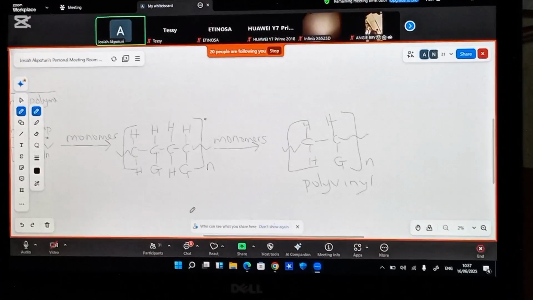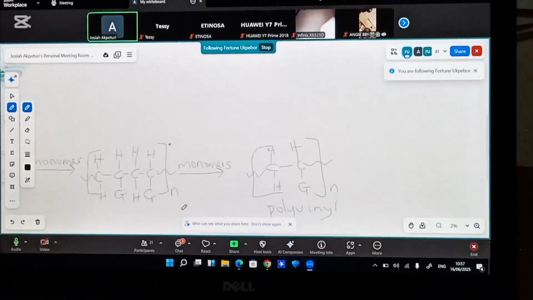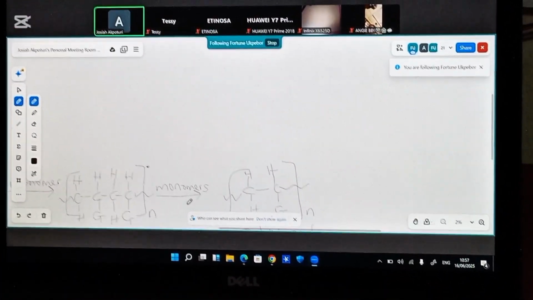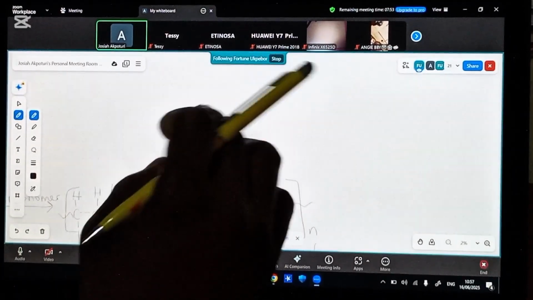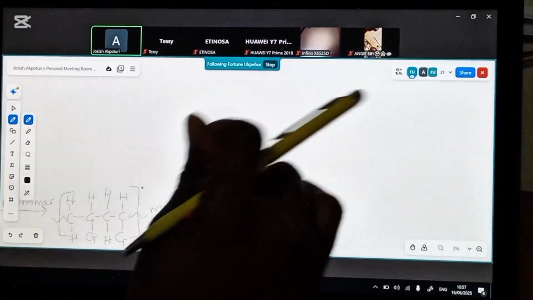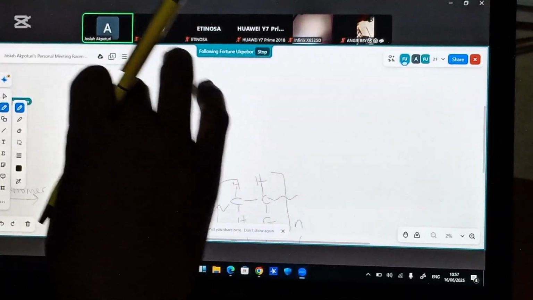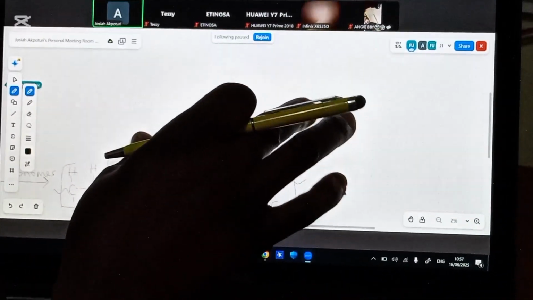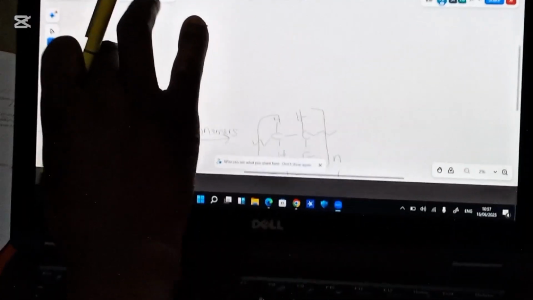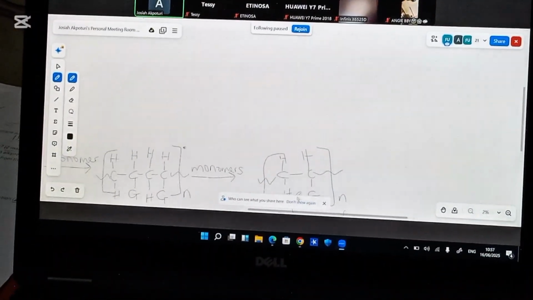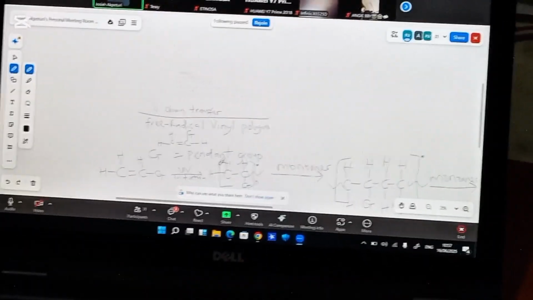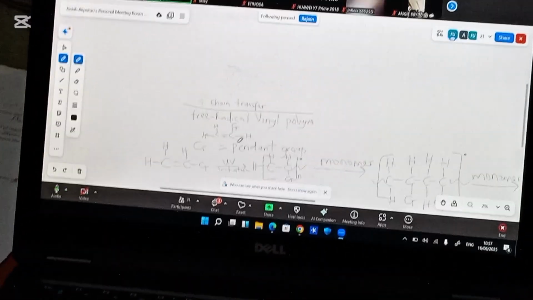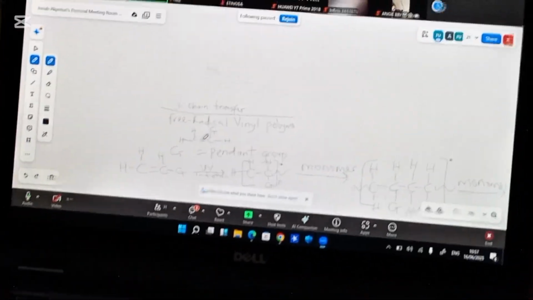We said free radical vinyl polymerization. Vinyl polymerization occurs at the double bond present in any monomer molecule.